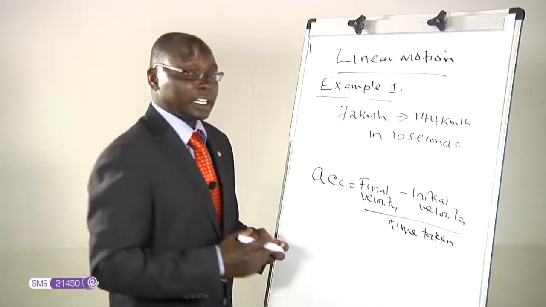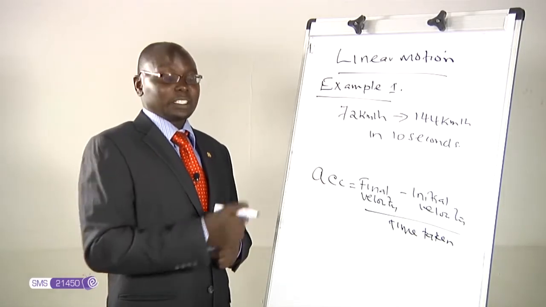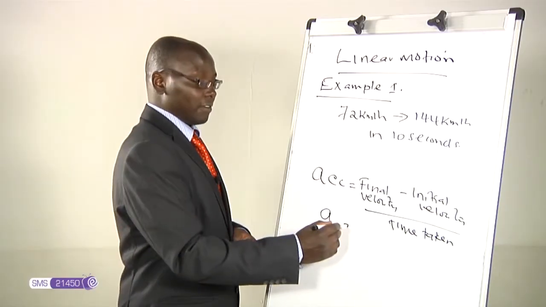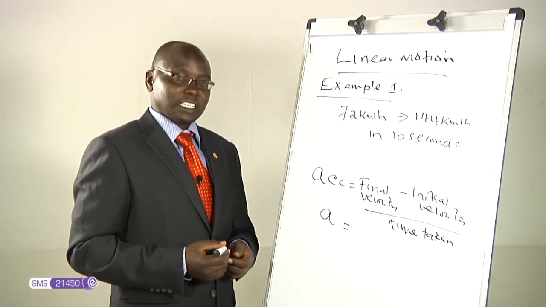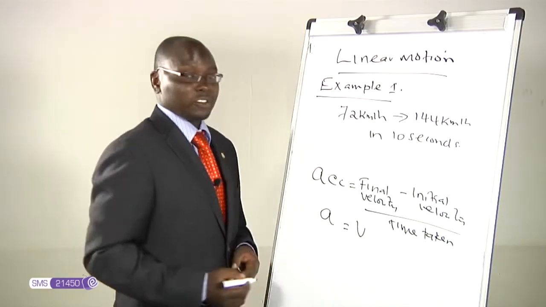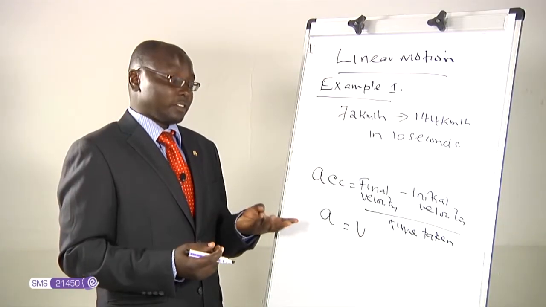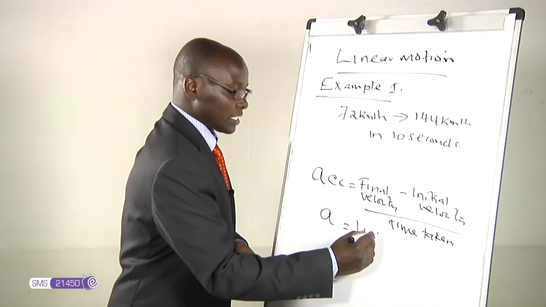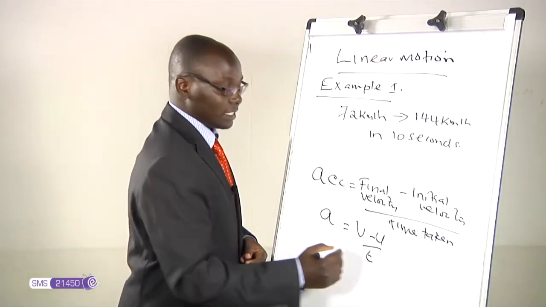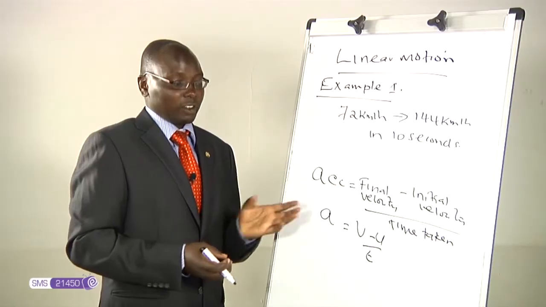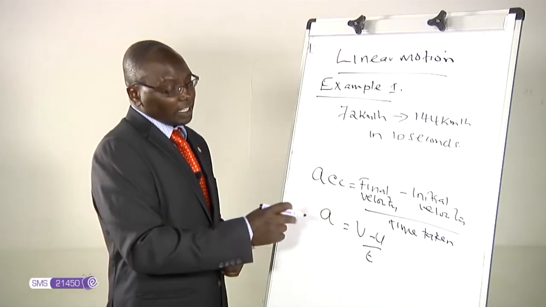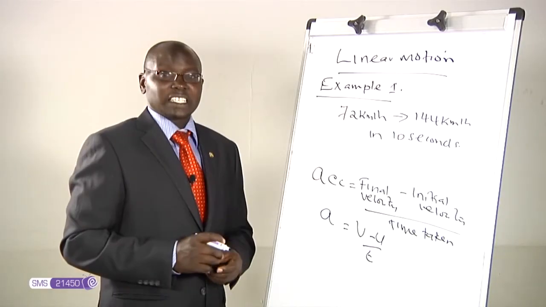In physics, instead of writing the word equation, we normally use the symbol a for acceleration, v for the final velocity, u for the initial velocity, and t for the time taken. These are conventional symbols that anybody who does physics understands. So a = (v - u) / t.